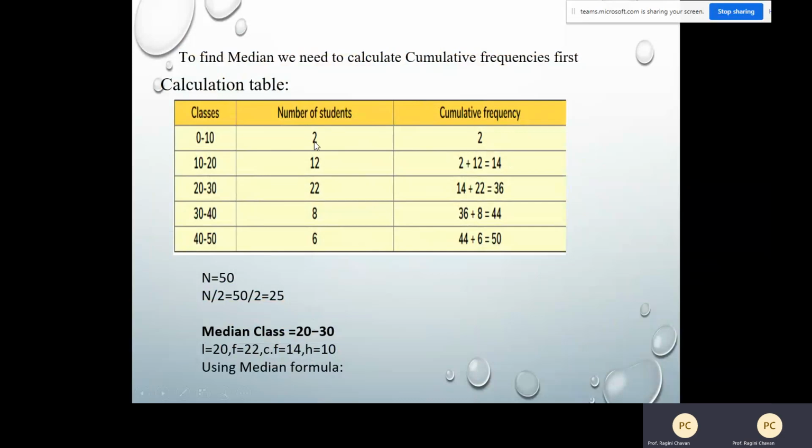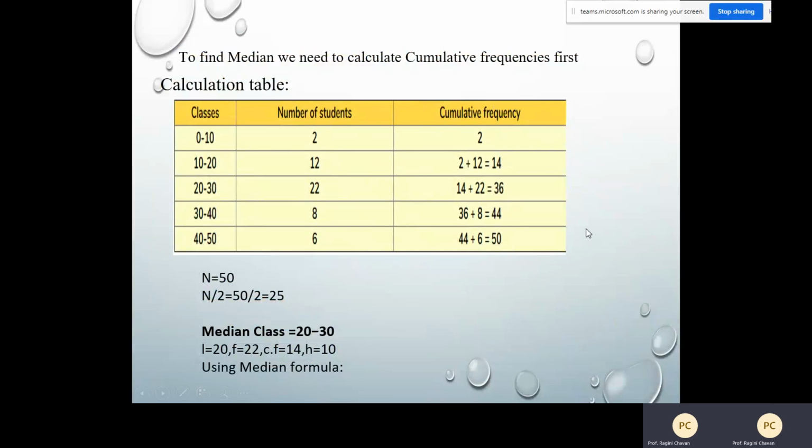The first frequency is 2, which is copied into the cumulative frequency. Then to get the next cumulative frequency we need to add the frequencies. So it becomes 2 plus 12, 14, then 14 plus the next frequency 22, so it is 36, then 36 plus the next frequency 8, so it comes to 44.